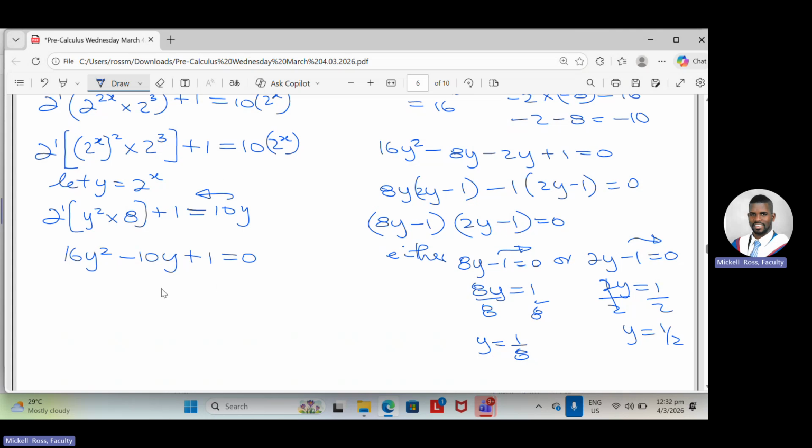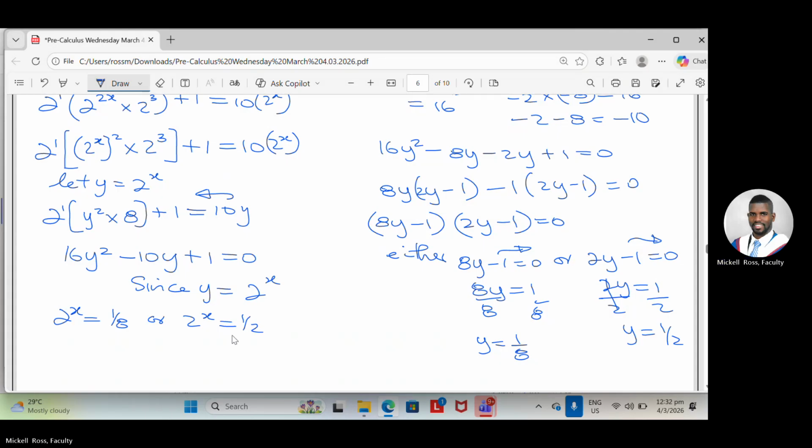What did we do? Since y is equal to 2 to the x, we are now saying that 2 to the x is equal to 1/8, or 2 to the x is equal to a half.